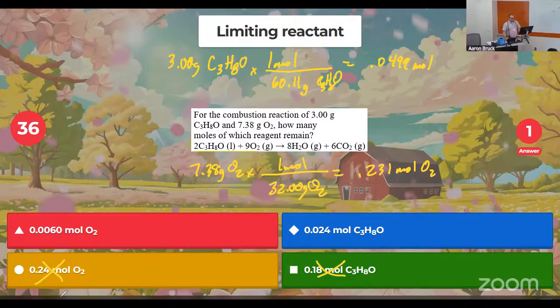Now, to actually solve the problem, I need to convert one of these into the other using the mole ratio to figure out which one's actually limiting. So I'll just choose the top one here because, well, it doesn't really matter.